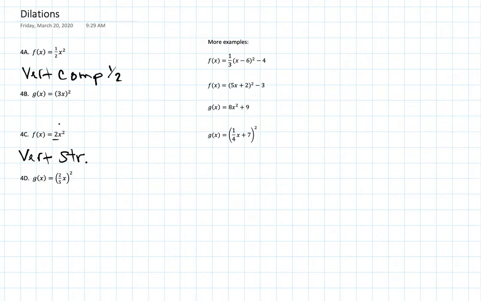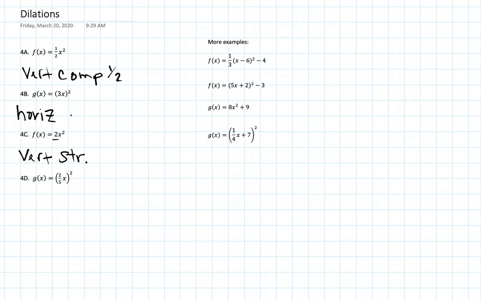Let's back her up. So 3x in parentheses. Now this is going to be horizontal, but is it going to be a stretch or a compression? Remember, these ones are backwards because anything horizontal, anything in the parentheses is going to be wonky. So it's kind of the opposite of what you think. So you would think that should be a stretch, but it's not.